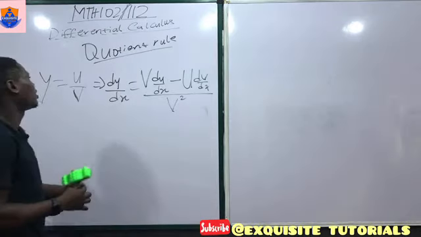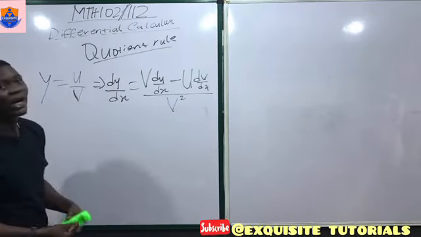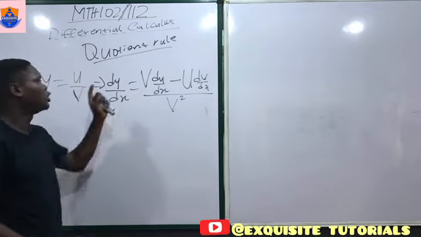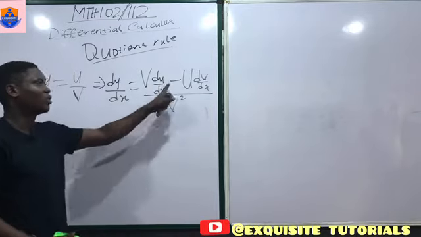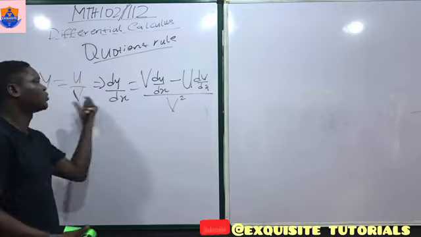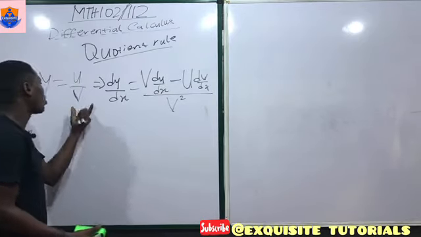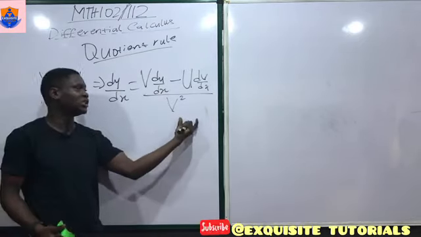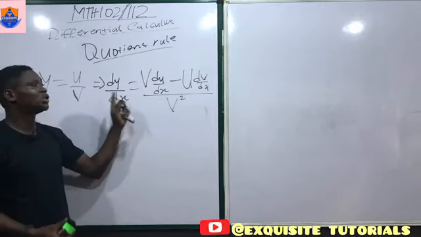So anytime you have something like this, your dy dx should be the denominator times the differential of the numerator minus the numerator times the differential of the denominator all over the square of the denominator. So that's for your dy over dx.